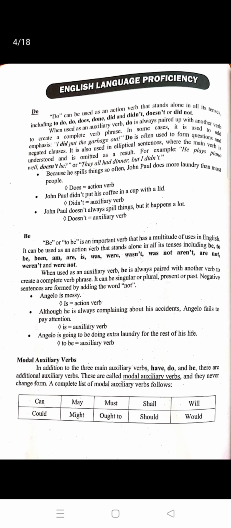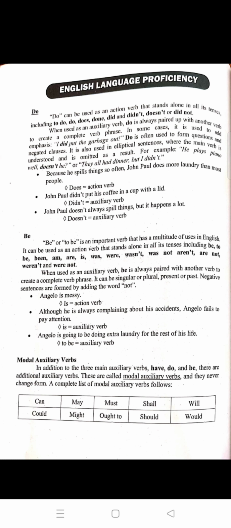Okay. How about do? Do can be used as an action verb that stands alone in all its tenses, including to do, does, done, did, didn't, doesn't, and did not. Example here: "Because he spills things so often, John Paul does more laundry than most people." There is no other verb besides "does" there.